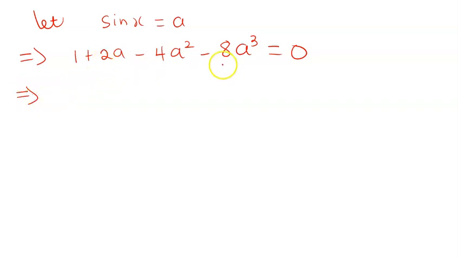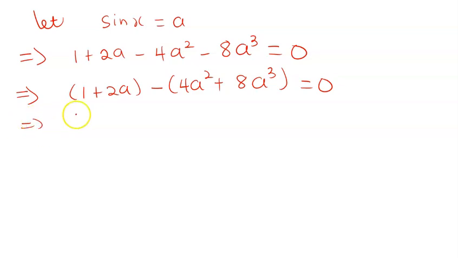It's 4 terms, so we can use the method of grouping, that is in factorization, to do that. So 1 plus 2a, minus 4a squared plus 8a cubed is equal to 0. Grouping, 1 plus 2a, what is the common factor here?